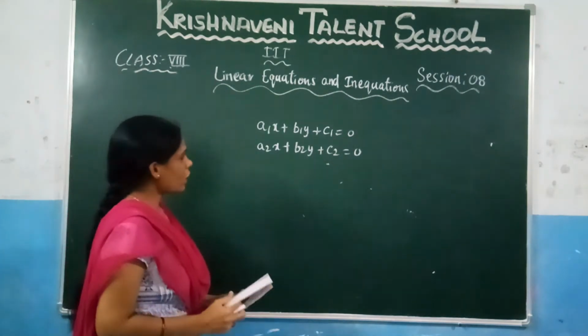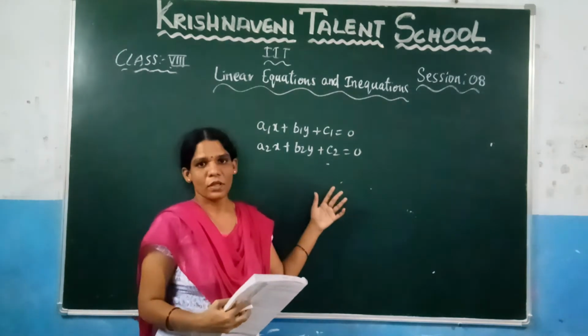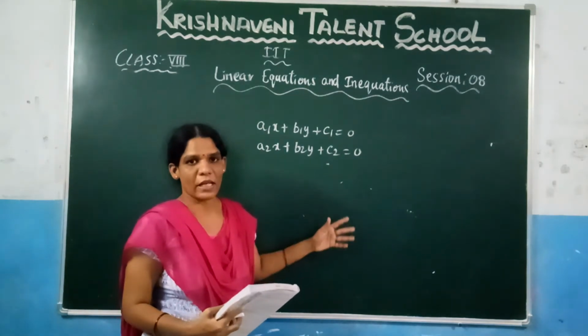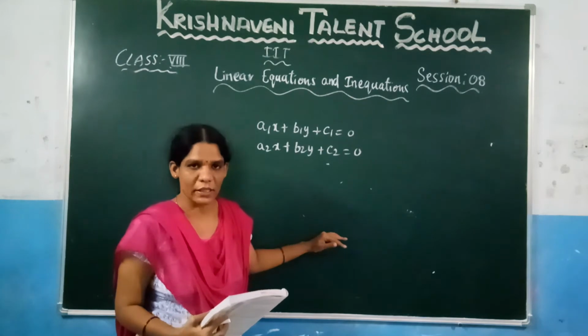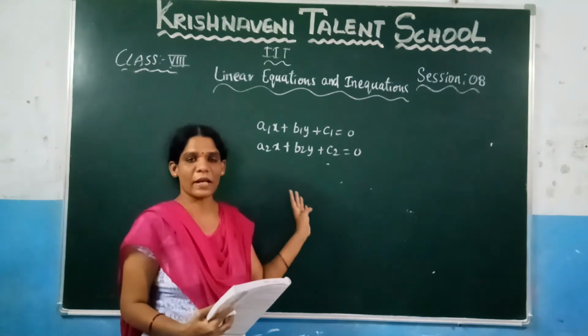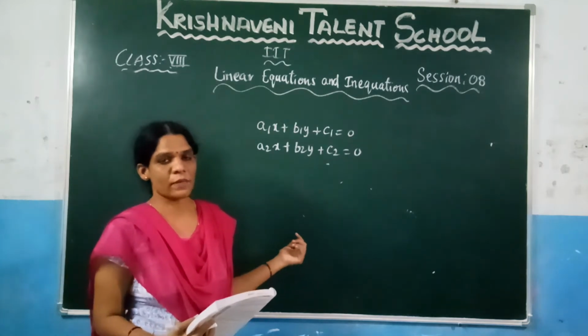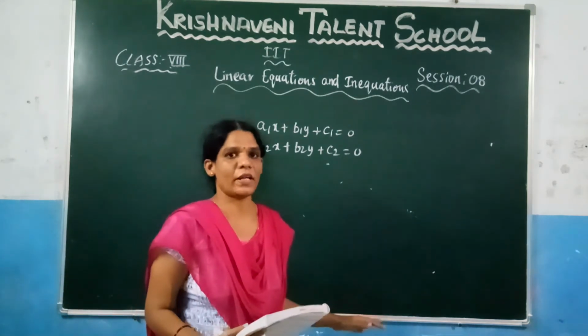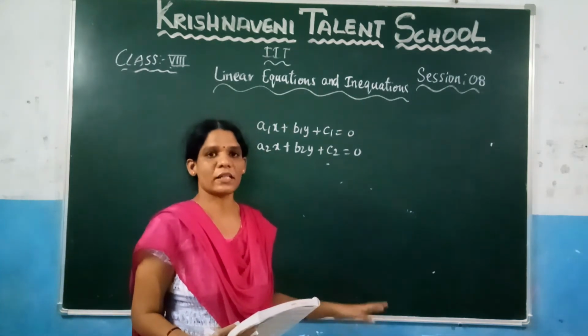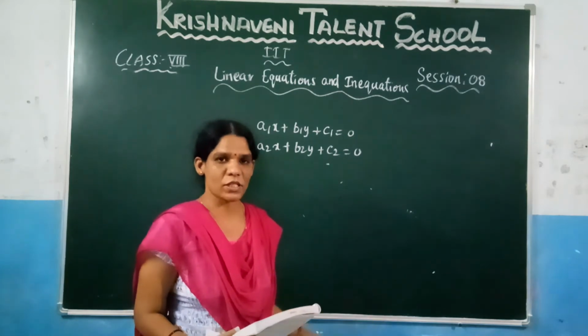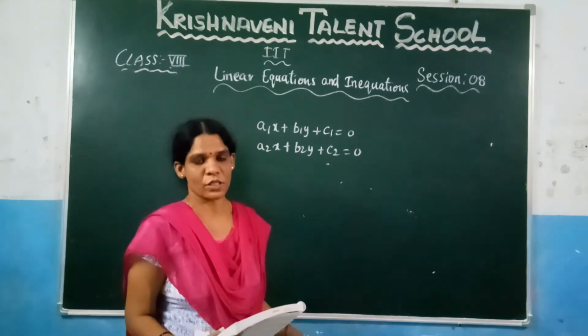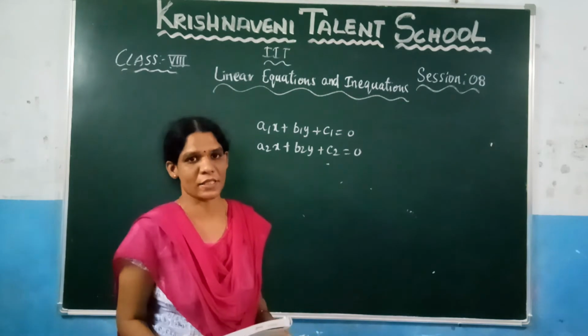Up to now we have discussed that if you are given two equations, you can solve by any of the four methods. Now, without solving, you can say whether you are getting a unique solution, many solutions, or no solutions. Let us see the conditions for that.